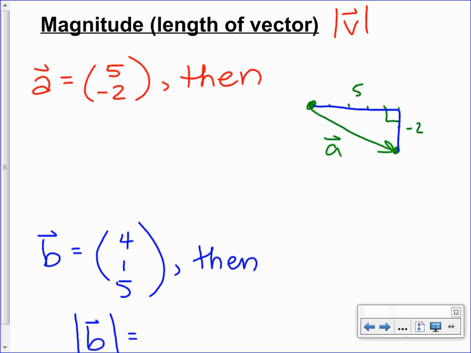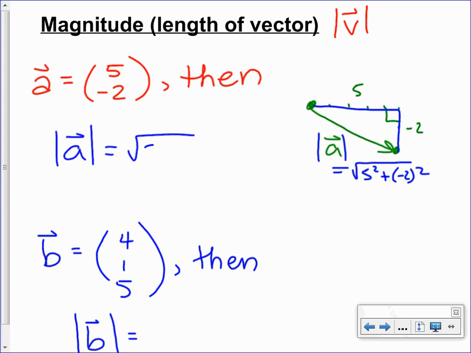If this was ABC, then to find A, that would be the square root of 5 squared plus negative 2 squared. So the magnitude of A is the square root of 25 plus 4, which is the square root of 29. So that's the length of vector A.